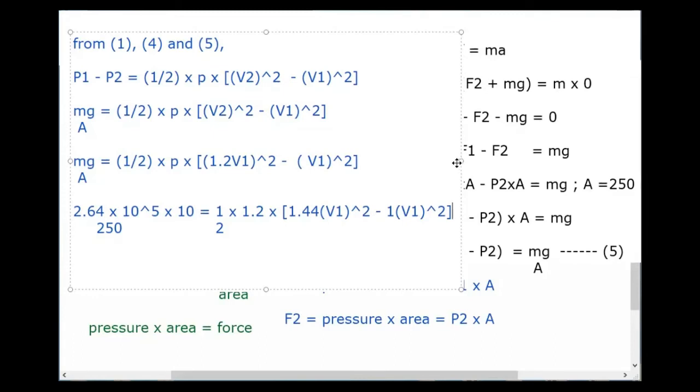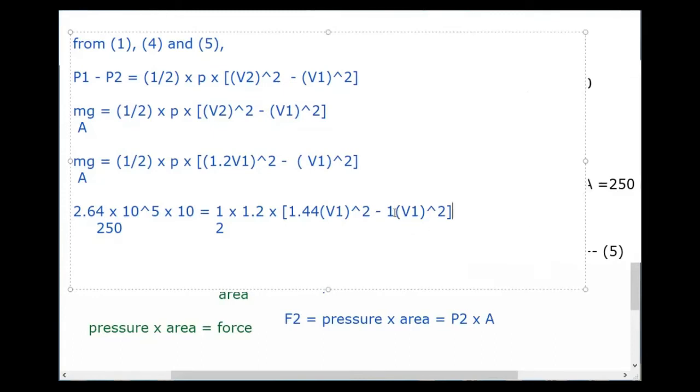If I write it like this, 1.00 V1 square, is it okay or not? It is still okay, because 1.00 means 1. 1 into V1 square is V1 square, no problem. So once you write like that, 1.44 V1 square minus 1 V1 square means actually 0.44 V1 square.